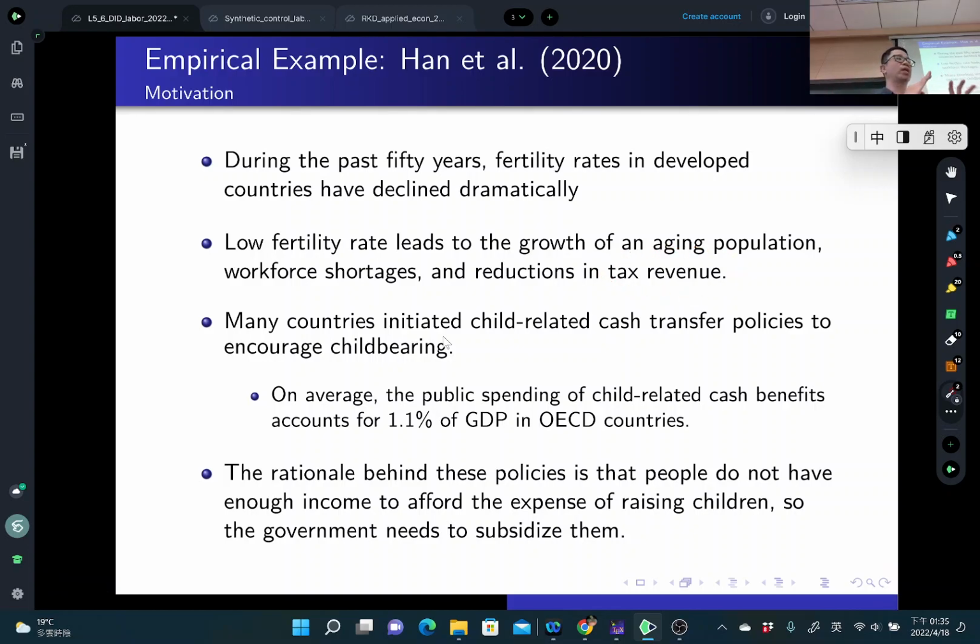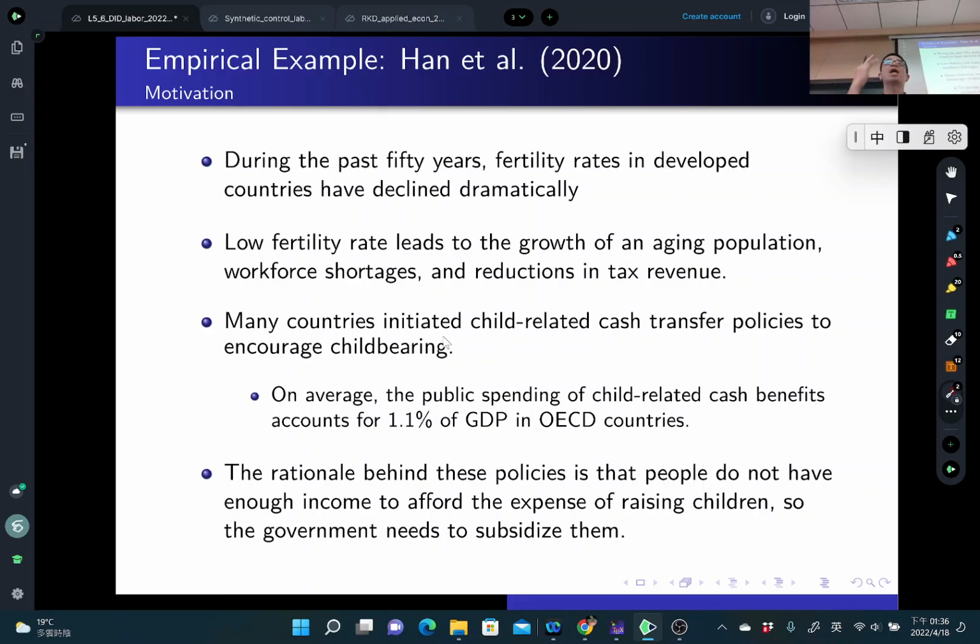Okay, so many countries try to initiate children-related cash transfer policies, to encourage childbearing, to encourage people to give more births. And on average, for OECD countries, such public spending for children can account for 1.1% of GDP. So around 1% of GDP is put in to stimulate people to give more births. And the rationale behind such policy is that children actually have positive externality.